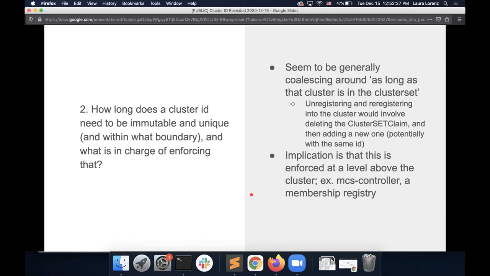If your cluster ID changes while you're inside a cluster set, what happens? What should enforce the uniqueness constraint there? And maybe since multi-cluster services are a good example because they're relatively real, what would we expect to happen if you have a multi-cluster service deployed on 3 clusters and cluster A's cluster ID claim changes?